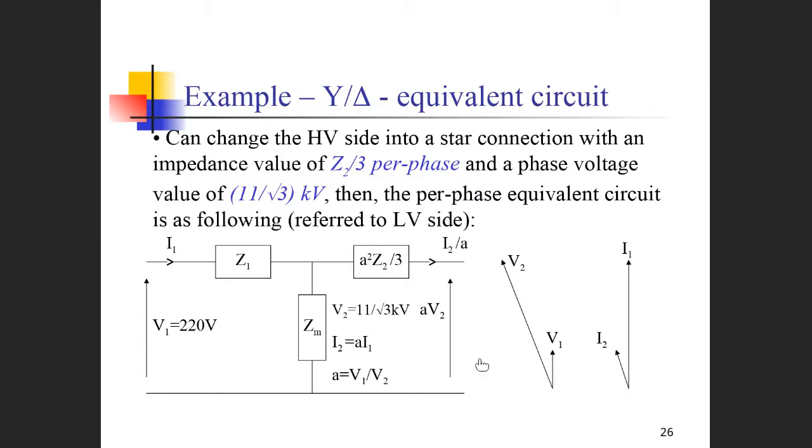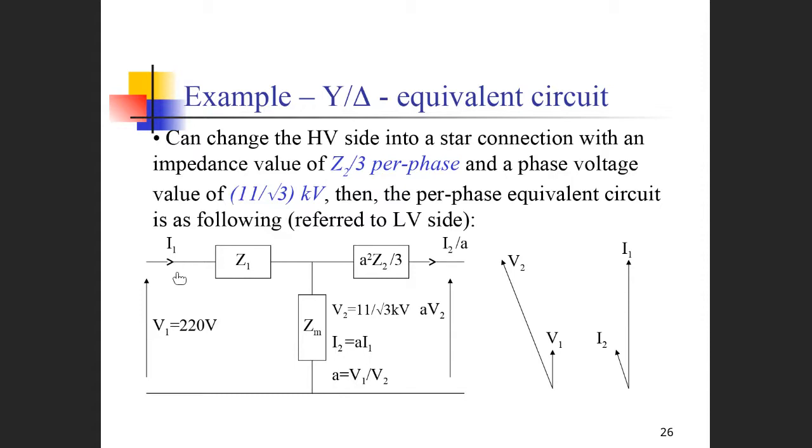Look at it here. Here is a per star phase equivalent circuit for a star-delta connected three-phase transformer. For the low voltage side, it's a direct star connection. We take one phase out, so the phase voltage is 220 volts.